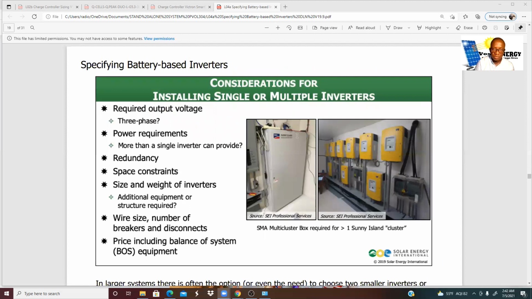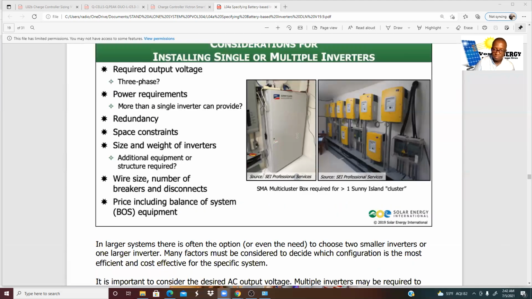Now look at the considerations for installing single or multiple inverters. The required output voltage, three phase, the power requirements more than a single inverter can provide, the redundancies, the space constraints, the size and weight of inverters, additional equipment or structure required, wire size, number of breakers and disconnects, and price, including balance of system and bus equipment.